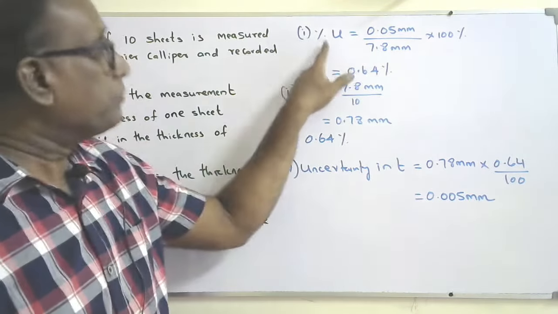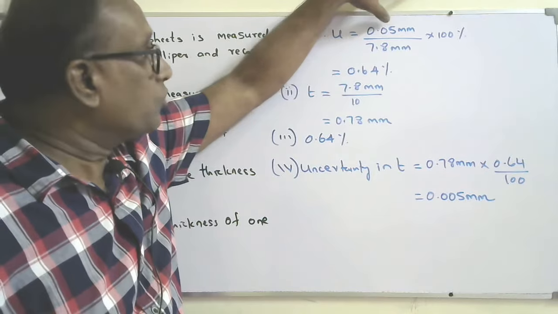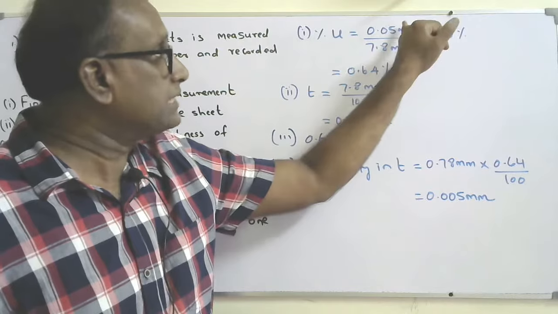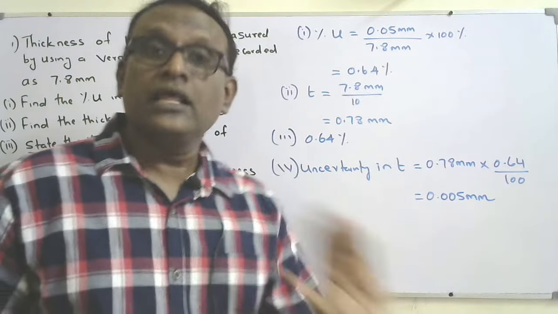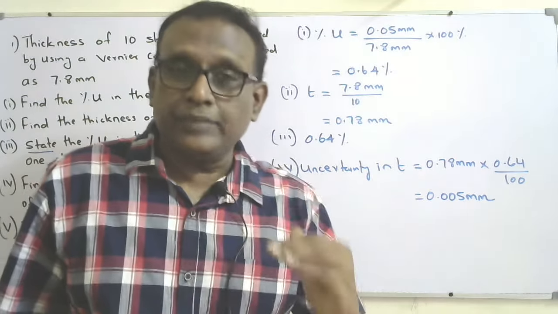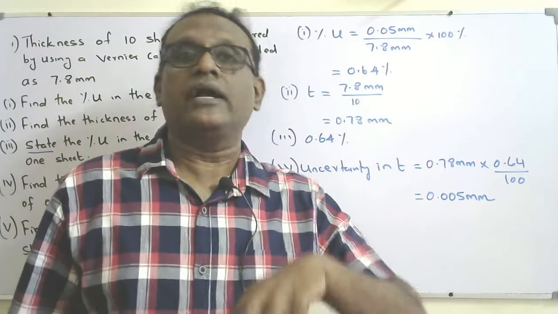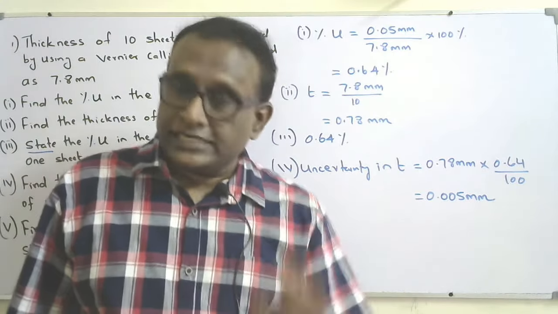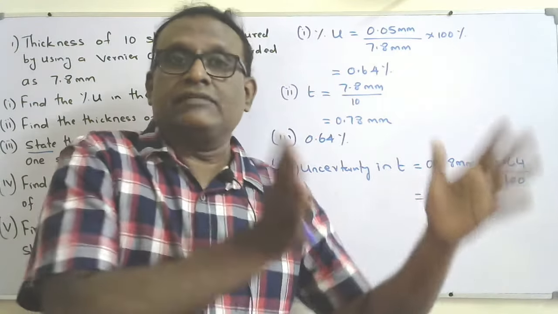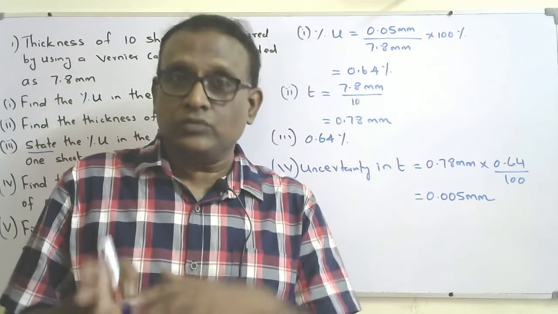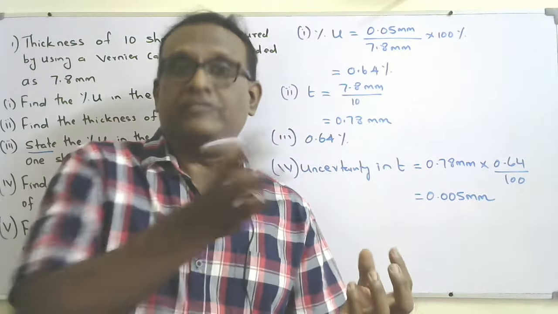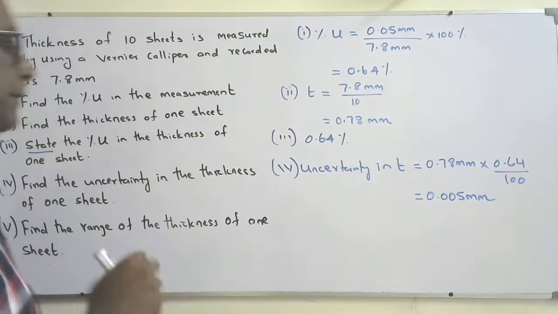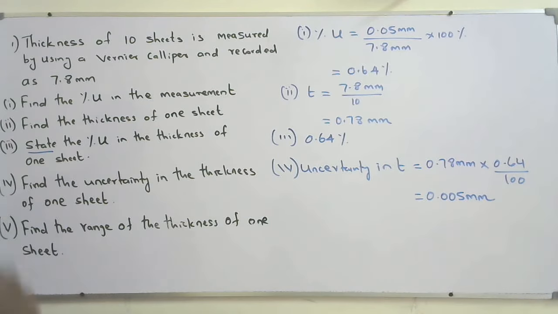The uncertainty of the measurement is 0.05, we are dividing the measurement by 10, so if I divide the uncertainty by 10, I will get this answer. But the percentage uncertainty will remain unchanged. This is true whenever you are dividing a measurement by a number, or multiplying a measurement by a number: the percentage uncertainty will remain unchanged, but the uncertainty will be divided by the number when you are dividing, and multiplied by the number when you are multiplying. So remember that. That is 0.005 millimeter.